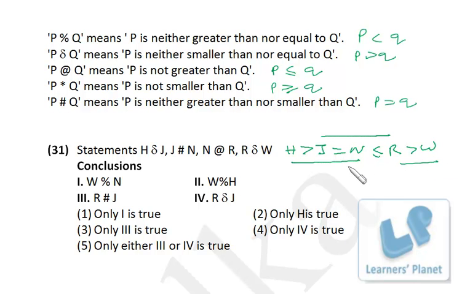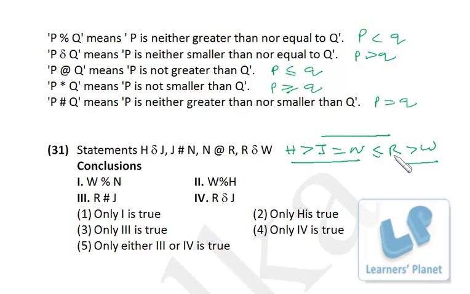So if you take any character from one sequence and another character from a different sequence, you cannot establish any relationship. Suppose I am having the first sequence H, J and N, right? I take a character from this sequence, that is H, so I cannot establish any relationship between H and R. Definitely J and N are common between the two sequences, so we can establish the relationship between J and R, N and R, H and J, H and N, but we cannot establish any relationship between H and R, right?